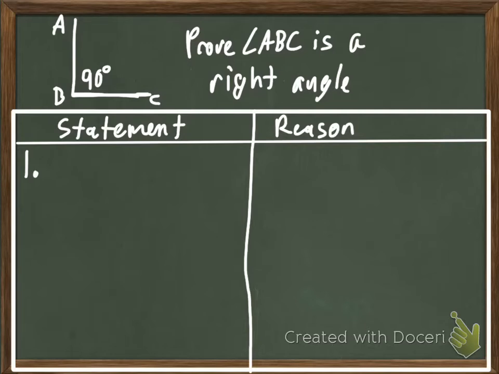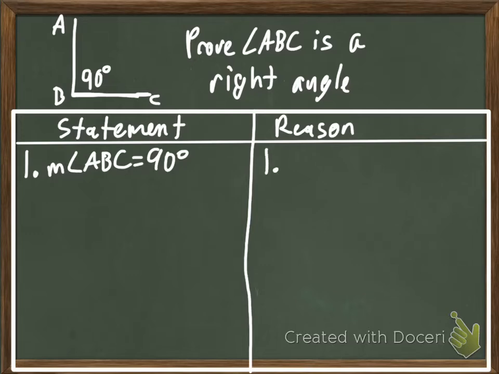So on the left, we're going to state what we see in the picture or what they tell us. So if we look at the picture, it looks like we see that angle ABC equals 90 degrees. So that's what I'm going to put. The measure of angle ABC equals 90 degrees. And there's nothing else I can see from the picture.